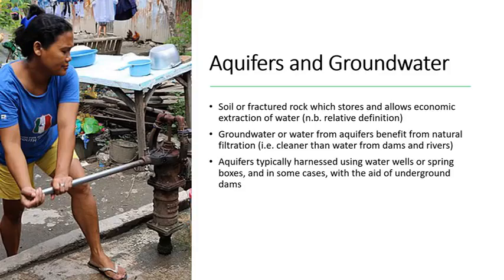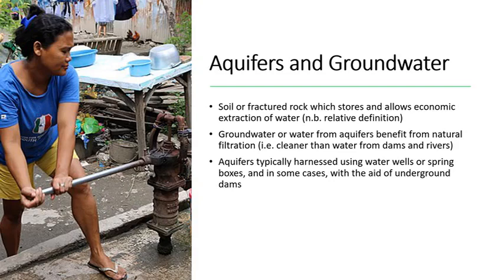groundwater resources. So let's talk about aquifers and wells. So I assume that you have taken your hydrogeology class, so I won't be discussing things here in detail. So basically, aquifers are soil or fractured rock which are permeable and porous, and they store and allow economic extraction of water.